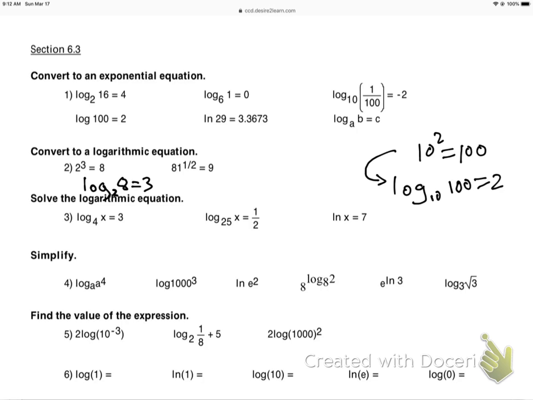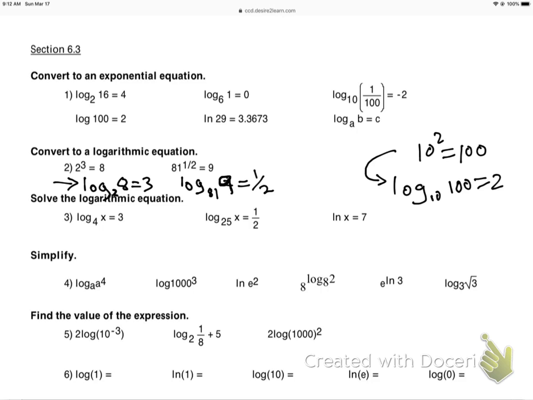Again here, log, what's the base? It's 81. Other side, of 9, that's me picking the 9 from the other side, and that should equal 1/2. And it does, so you can try that, put it in your calculator. Well, you can't always put that in your calculator for the moment, but log to base 81 of 9 should equal 1/2. Again, just like doing this.